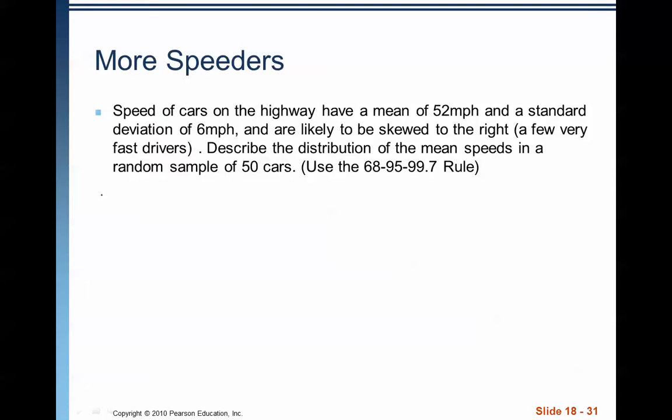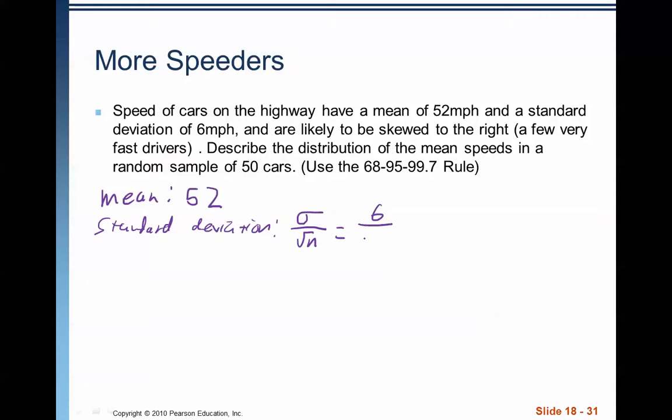Anyway, the normal model that we're going to use has a mean of 52, because the mean on a sampling distribution is similar to the population. The standard deviation, however, is different because it is a sampling distribution. It gets a little bit smaller, since it's the standard deviation over the square root of the sample size. So for this case, it's 6 over the square root of 50.